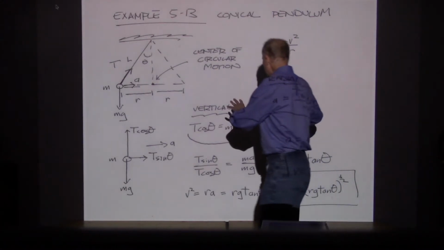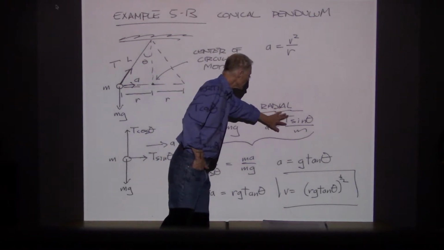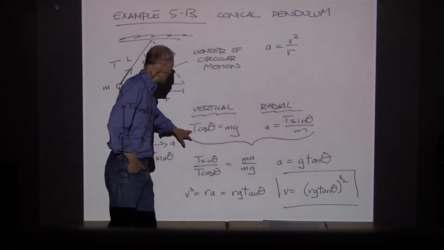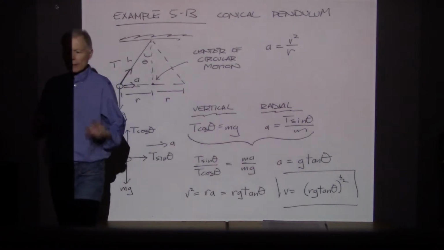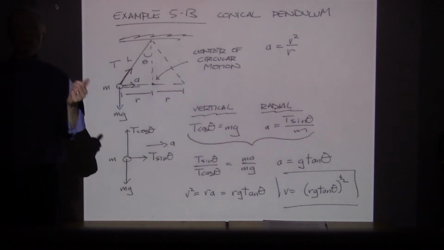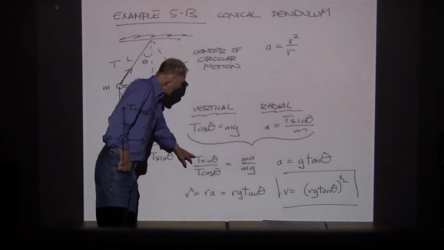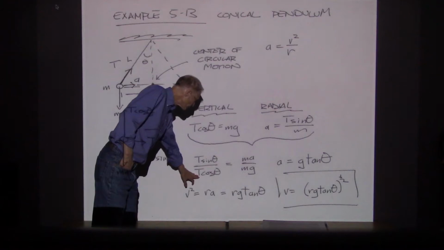I can take those two equations and solve for this. T sine theta is equal to m times a. That's right here. And T cosine theta is equal to mg. So it's our old trick of taking the two components, T sine theta and T cosine theta, and dividing them so that the T drops out.